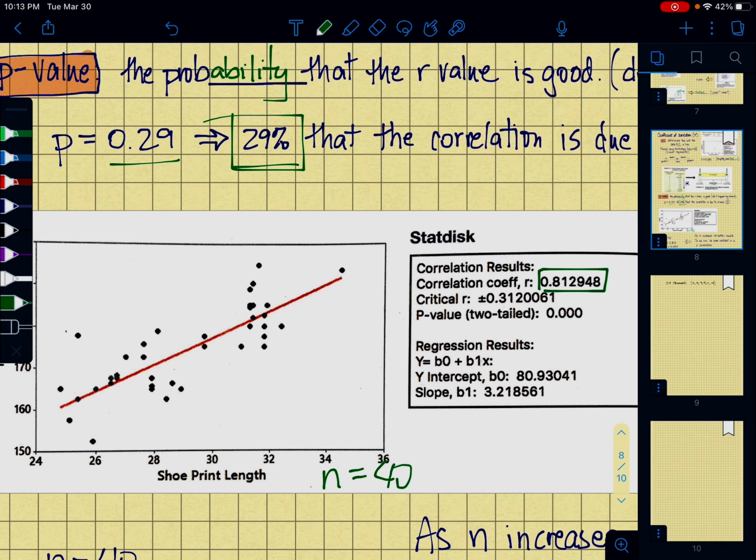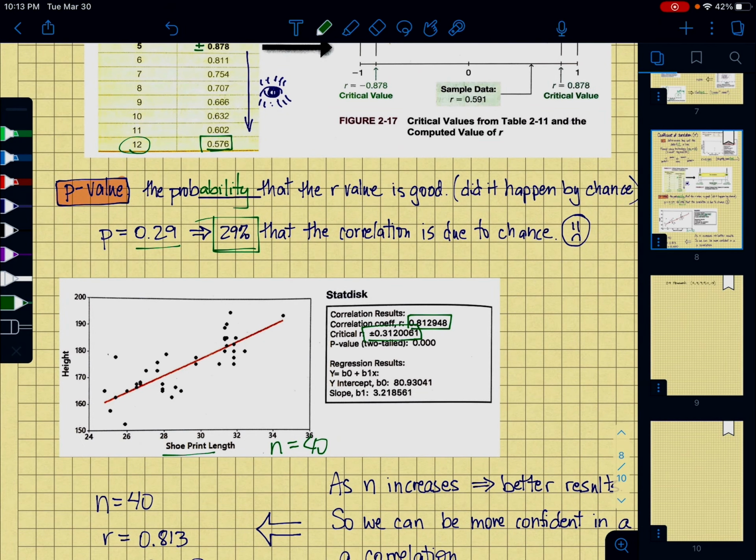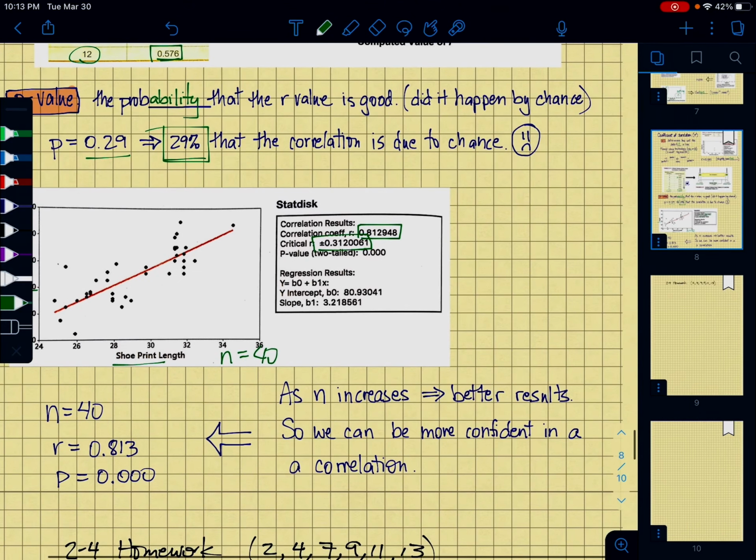And what we then can see is that as long as my R value is above 0.312 or less than negative 0.312, then we can say there's a correlation. Okay? So there is something between shoe print and height. So there's the final thoughts there. As n increases, we get better results, and we can be more confident in there being a correlation.